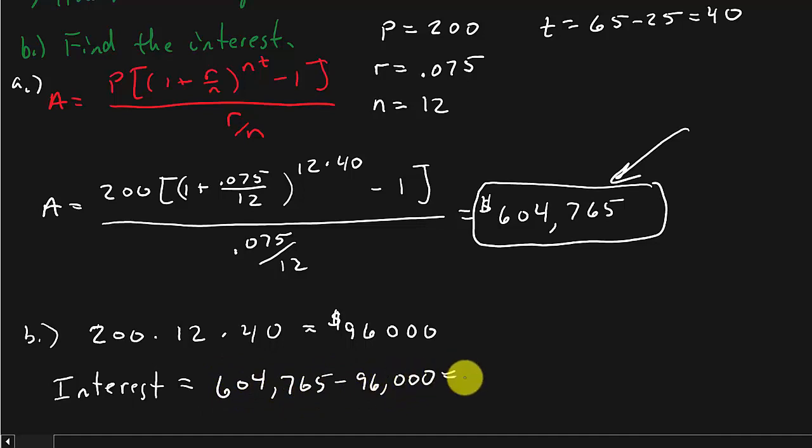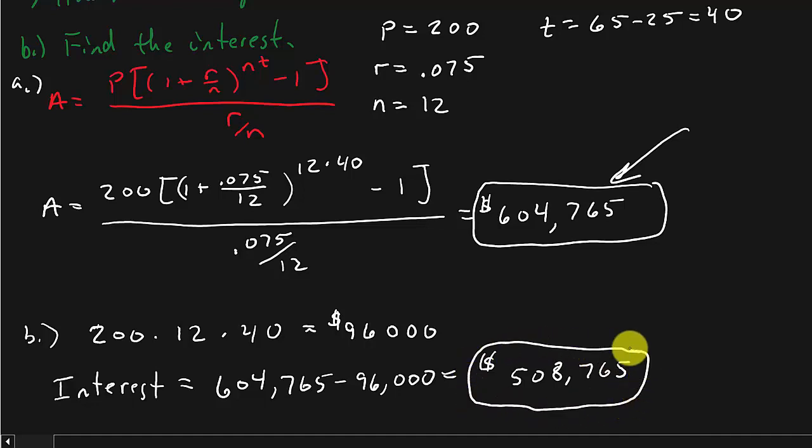And so our interest would be $508,765. And so that would be our interest. And that's more than what? That's more than 5 times the amount that we put into the IRA. Okay.